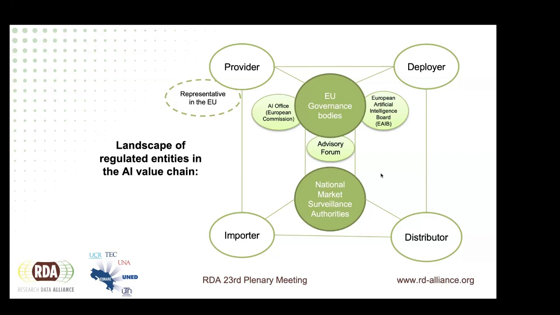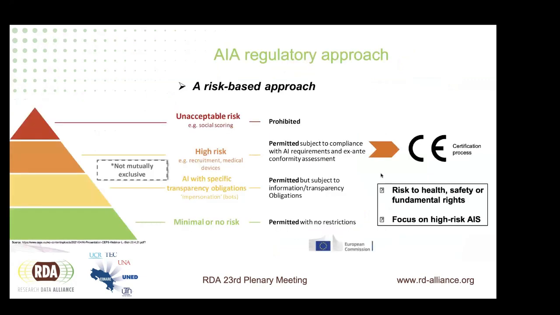It is also establishing a multi-stakeholder advisory forum, composed of different entities such as academia, civil society representatives, industry, etc. And in addition, the Act requires that member states establish a competent market surveillance authority for monitoring the application of the regulation and for cooperating at a European level.